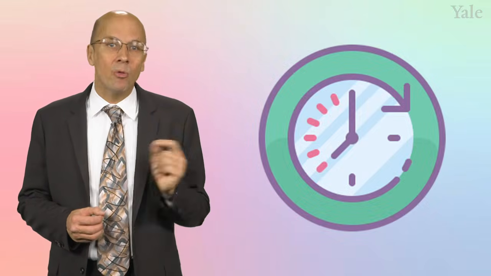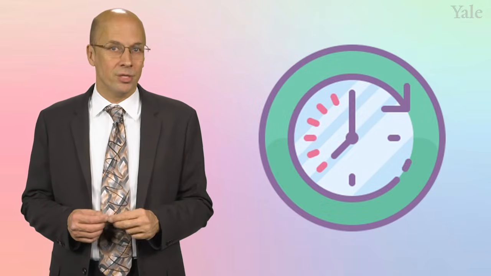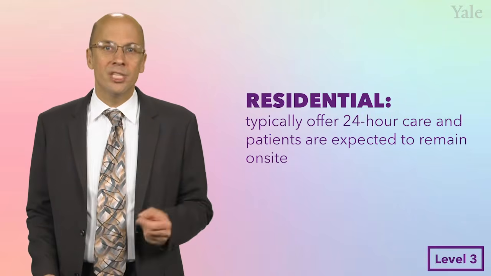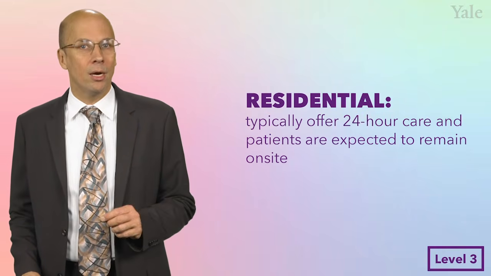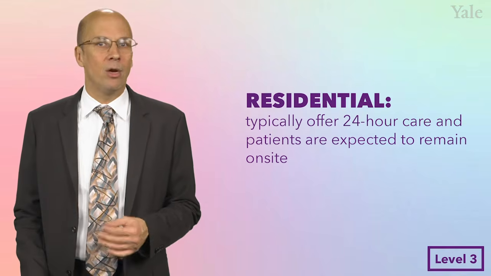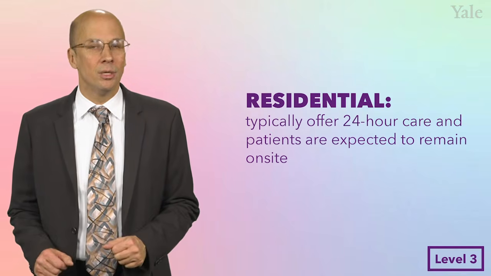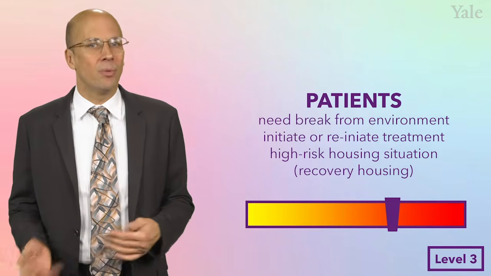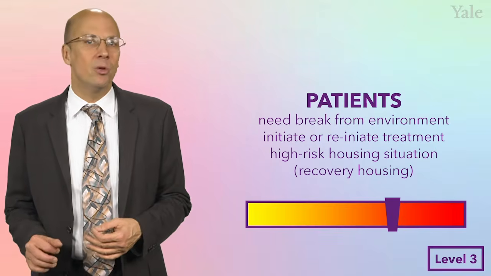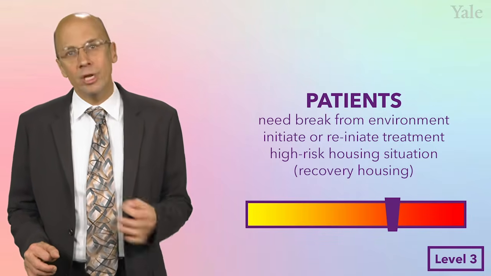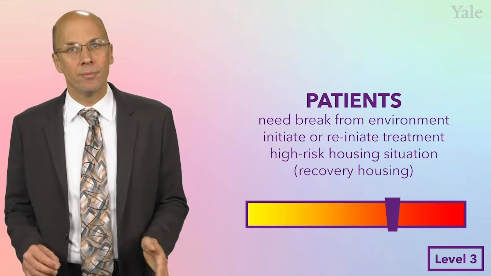The next two levels in treatment setting feature around-the-clock care of varying degrees. Residential services typically offer 24-hour care, and patients are expected to remain on-site for treatment. Consider this level of care if someone needs a break from their current environment in order to initiate or reinitiate a long-term treatment plan.